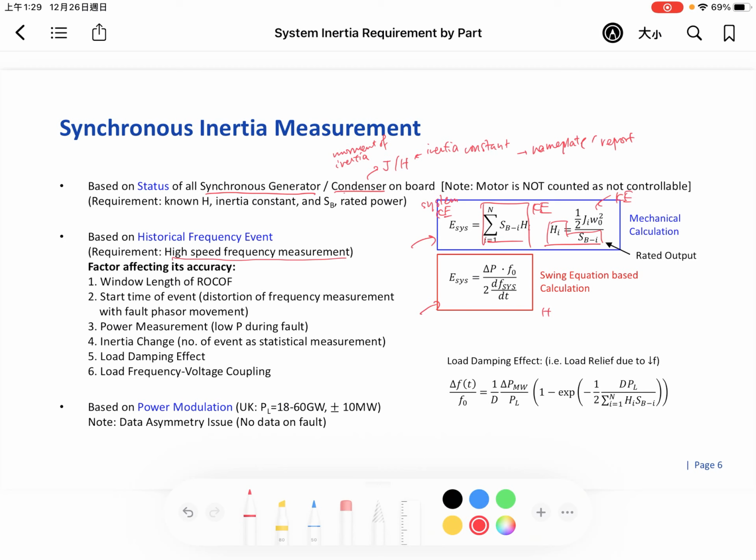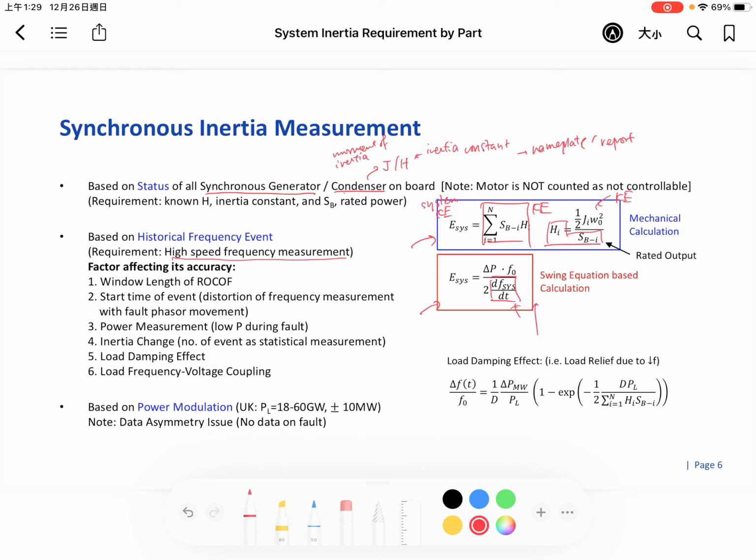We try to have some kind of calculations just like that. Then we try to generate these equations, and these equations are actually measurable, all the terms.